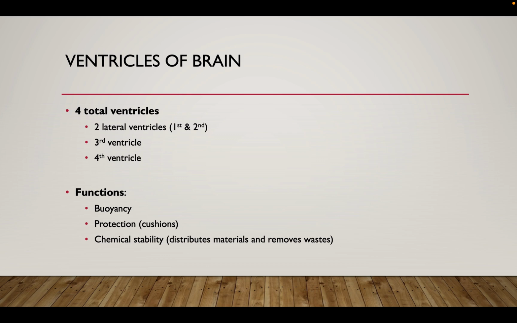Whenever it circulates around the brain, as well as when it circulates around the spinal cord, it serves to kind of cushion and protect. And then also some chemical stability functions in terms of regulating ions and different materials that you may find within the CSF. And the CSF, cerebral spinal fluid, is formed from cells that we'll see in a little bit called ependymal cells.